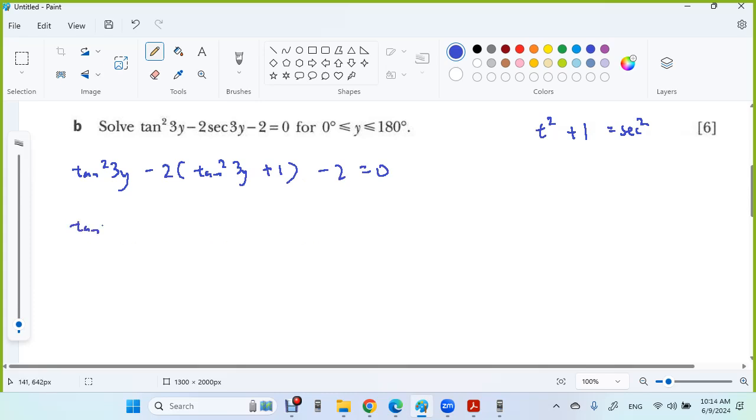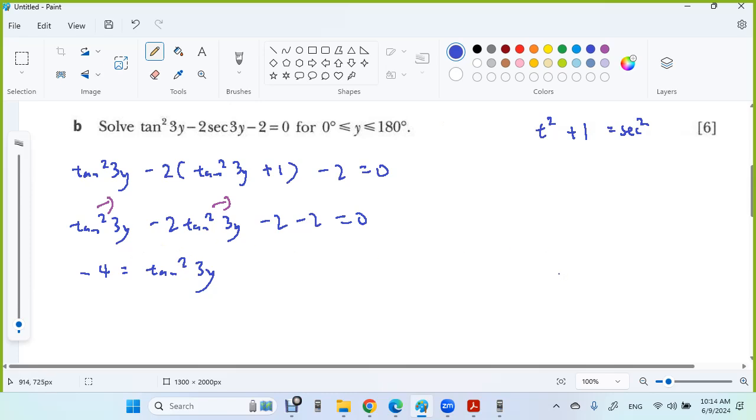So we have negative 4 equal to the tangent square 3y. So we move this 2 to the other side. So we have tangent square 3y equal to negative 4.